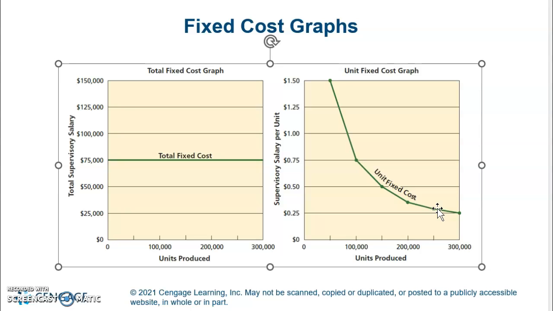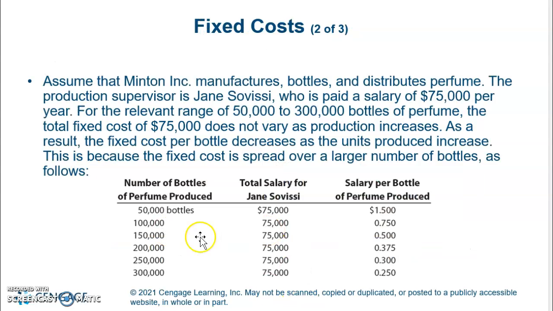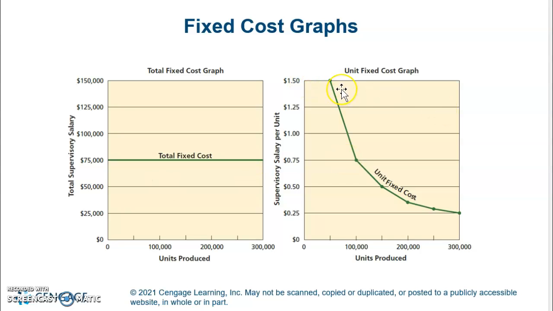If I have total fixed cost of $75,000 and they stay the same no matter how many perfume bottles I make, then going back to the relevant range, if I make just the 50,000 bottles, I'm going to divide my 75,000 by 50,000, and that will tell me how much my fixed cost was per bottle, which is $1.50.